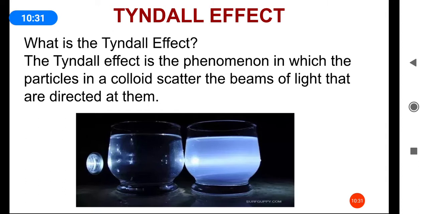But in the clear solution, there is no Tyndall effect because there are no particles in the clear solution. So light passes through it, but in the colloidal solution the light is scattered.